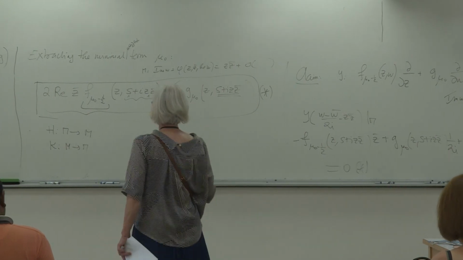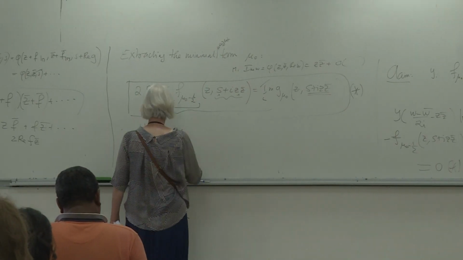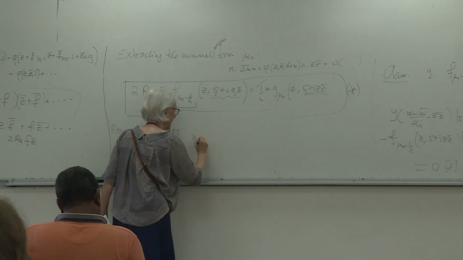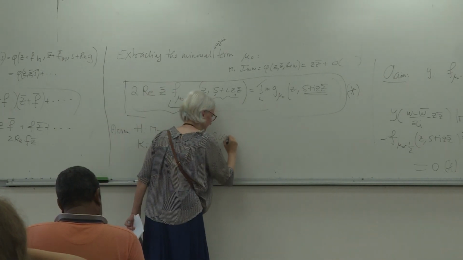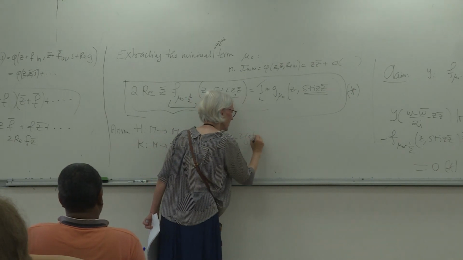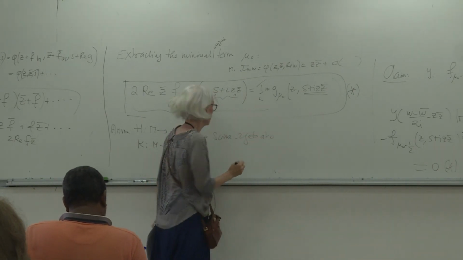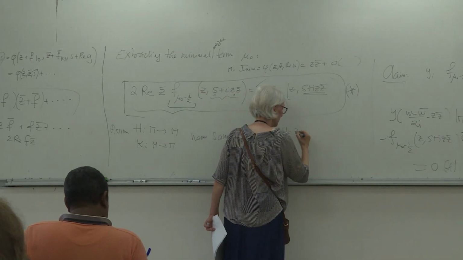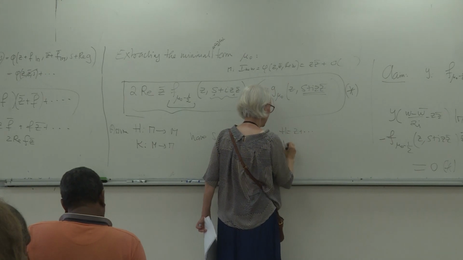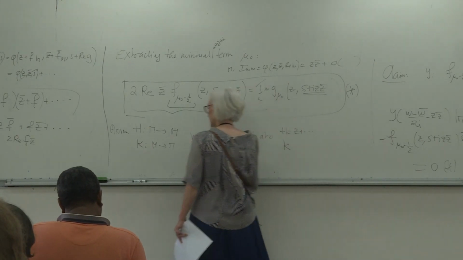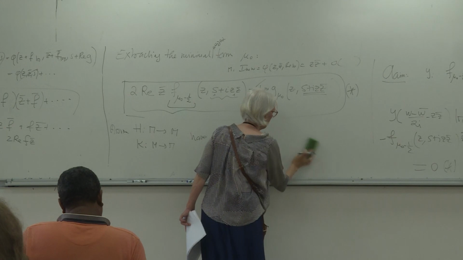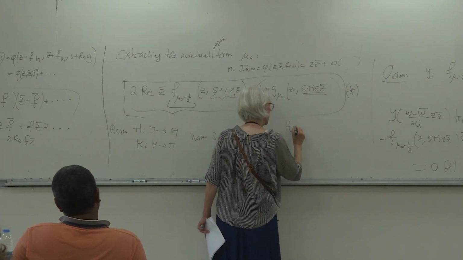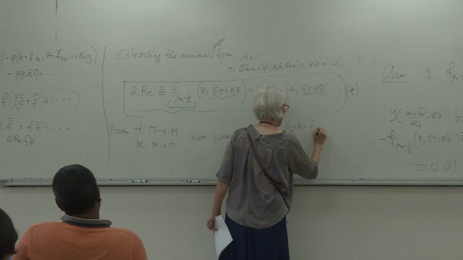That means, assume that these two maps have the same two jets at 0, right? So you write H as Z plus what we did, and K, you decompose your map. I mean, H1 is Z plus F1.